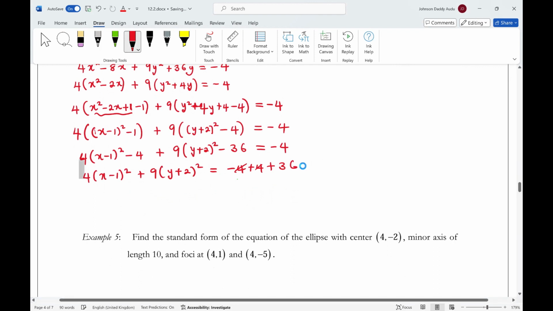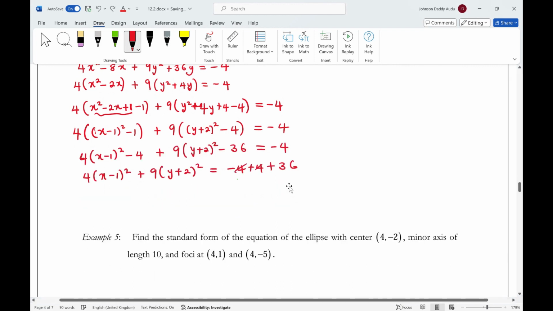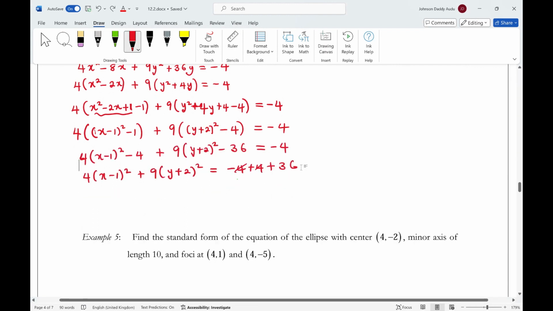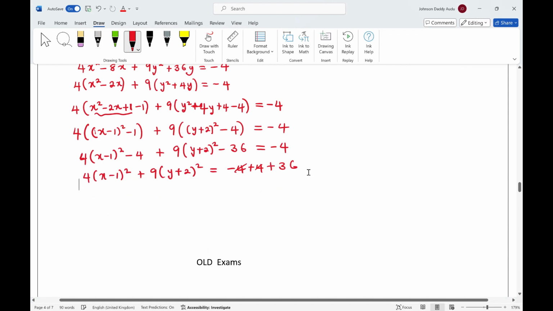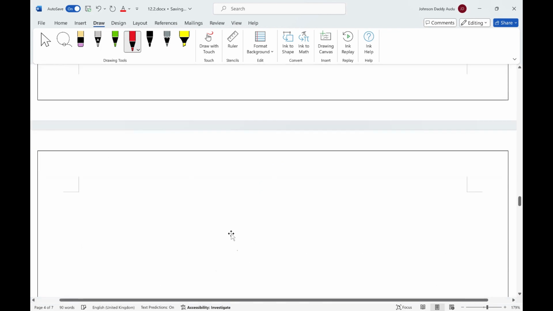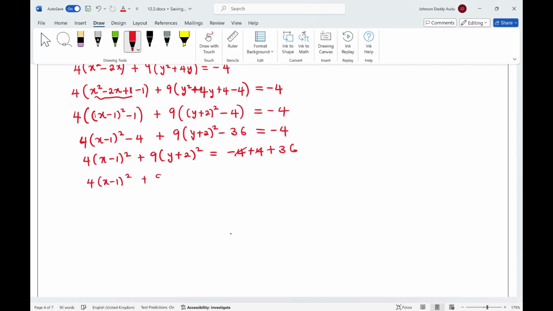So we have 4 times x minus 1 squared plus 9 times y plus 2 squared equals 36.